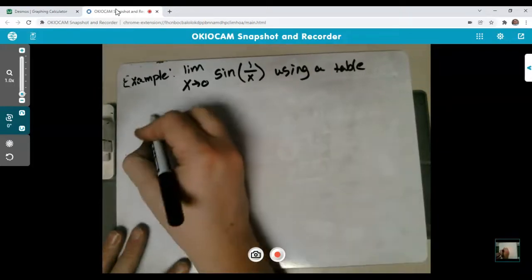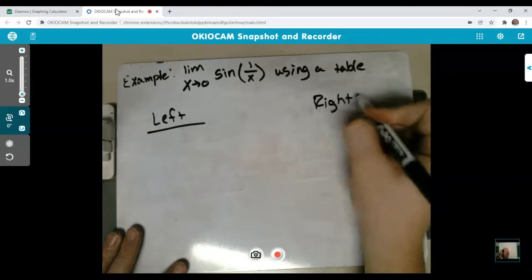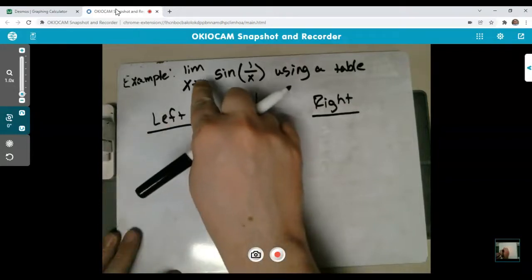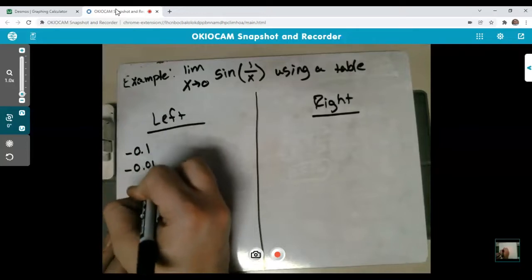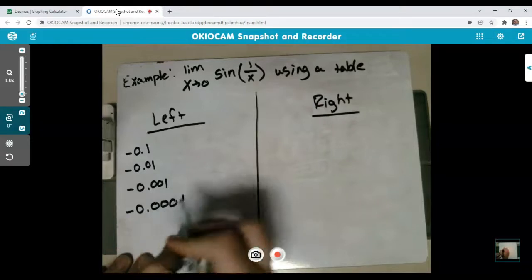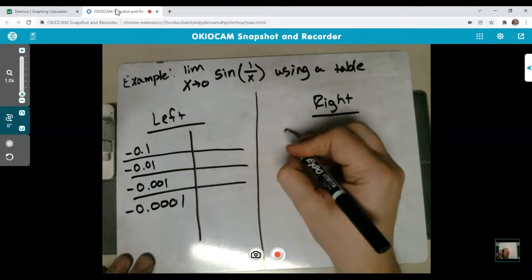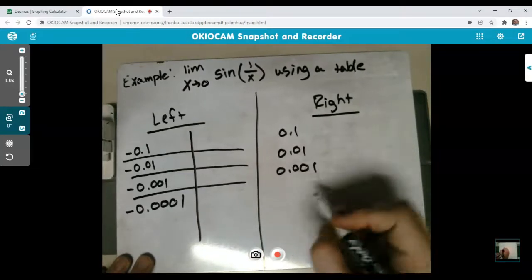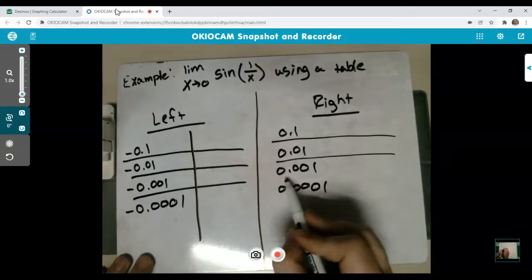So again, we're going to go from the left and from the right. From the left, I need really close to 0, so I can do like negative 0.1, negative 0.01, negative 0.001, negative 0.0001. From the right, do the same thing: 0.1, 0.01, 0.001, 0.0001.